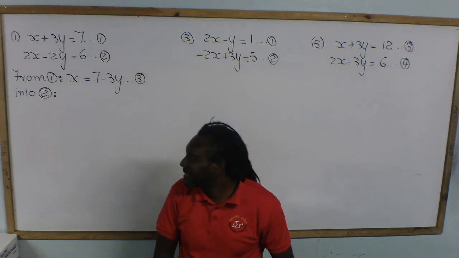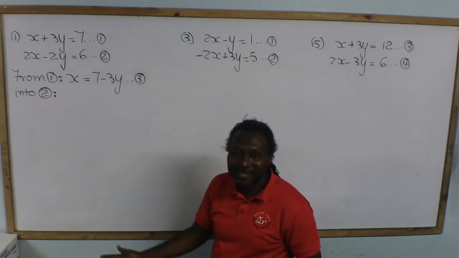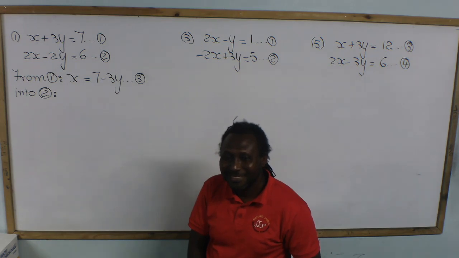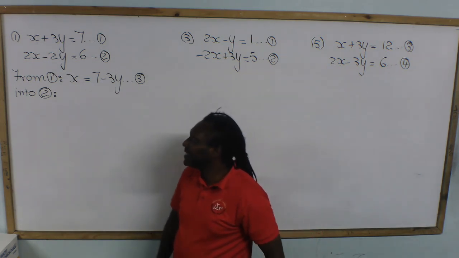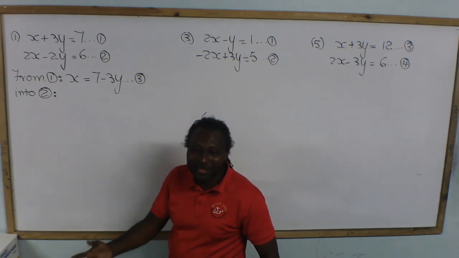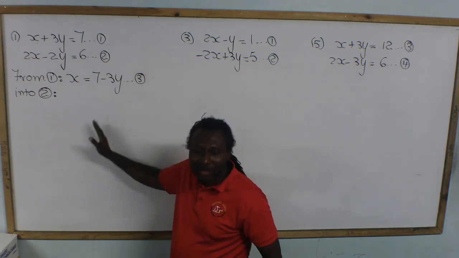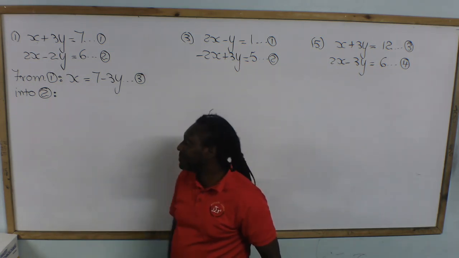So it will be 7 equals 7, and then when you transpose that, you get 0 equals 0. I tried it at first and I realized that. Okay. So you tried it at first, and then you realized that you're just going in a circle. The result that you're going to get is not wrong, but it will not be useful.